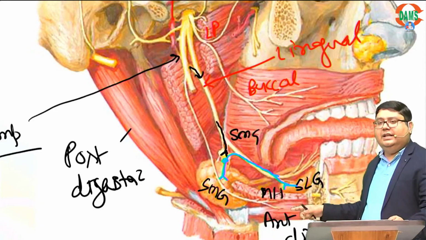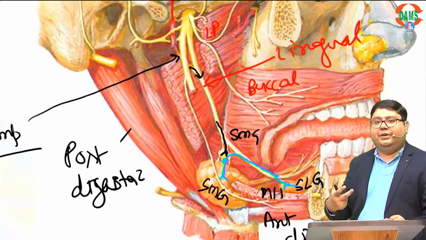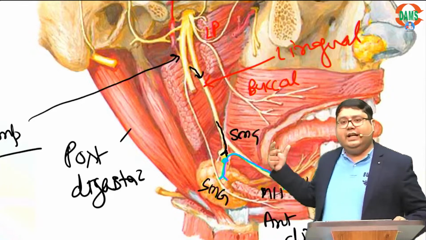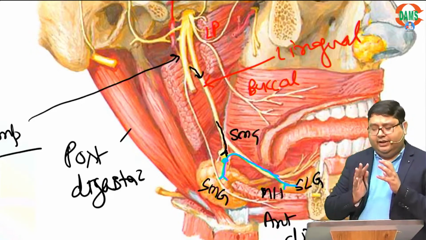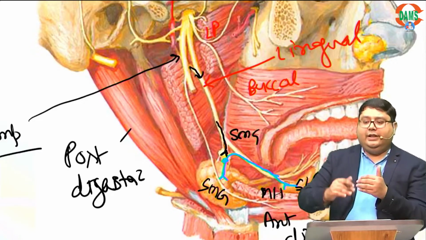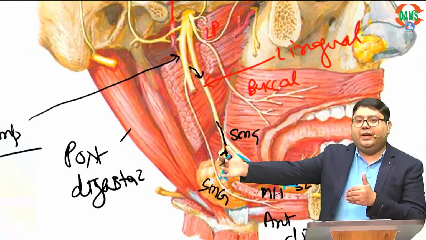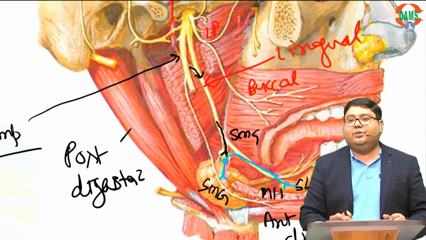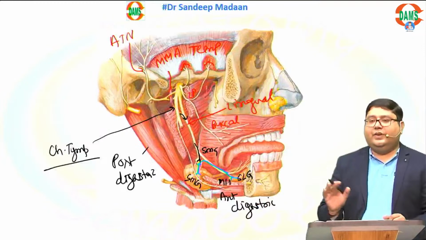So basically it is taking care of the salivary fibers controlling the submandibular gland secretion as well as the sublingual gland secretion. So in a nutshell we can say chorda tympani has two roles. One, it will be delivering the salivary fibers, and second, it will be carrying the taste sensation from the anterior 2/3 of the tongue. So far so good.